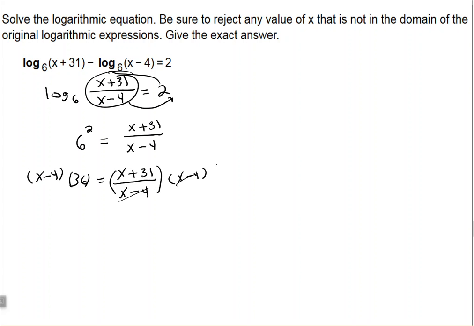That will cancel on the right hand side. So now I have 36 times x minus 4, and if I use my distributive property, that's 36x minus 144 equals x plus 31.